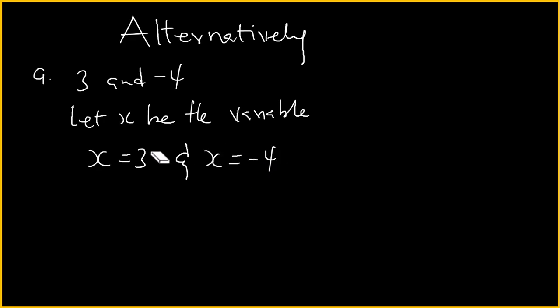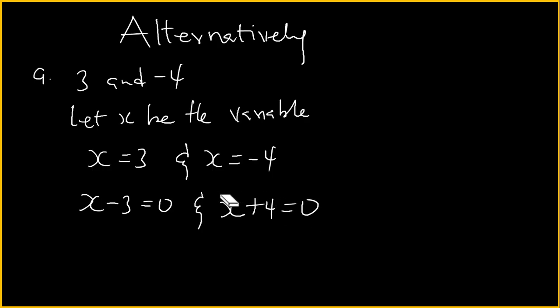So this can be grouped into factors by taking the 3 to the left hand side of the equation. So taking it from the right hand side to the left hand side, here is positive, so crossing the equal sign, it changes to negative. Now x minus 3 is equal to 0. So this is the factor, this is the 0, and x equals negative 4, taking it to this side tends to positive, is equal to 0.